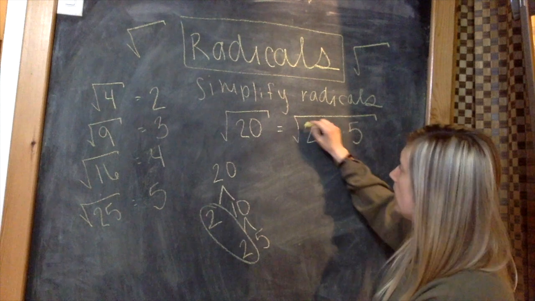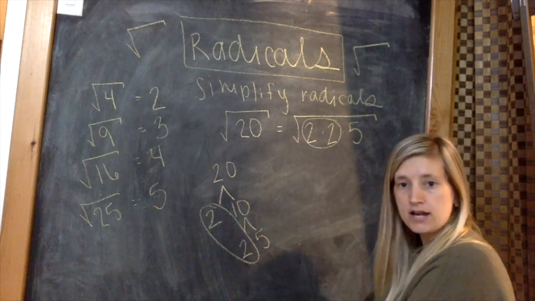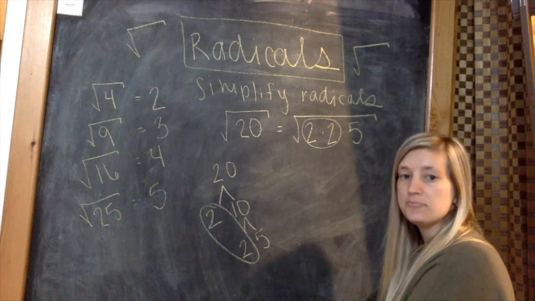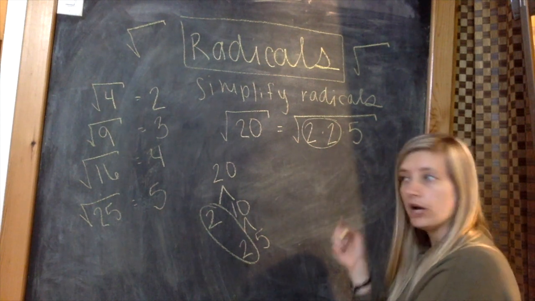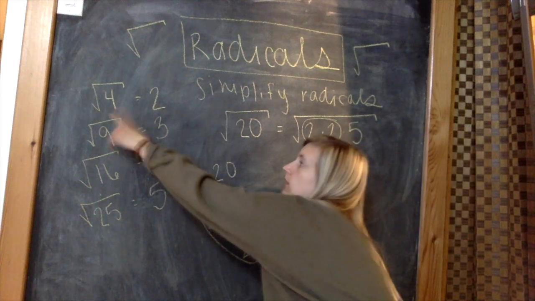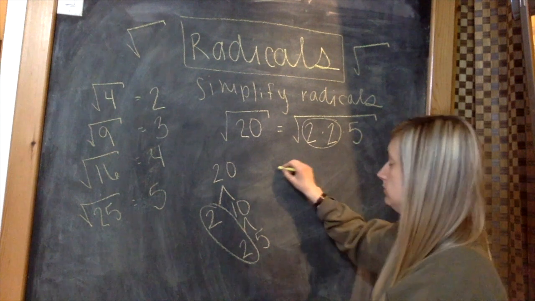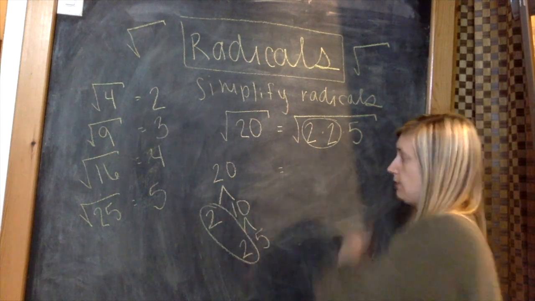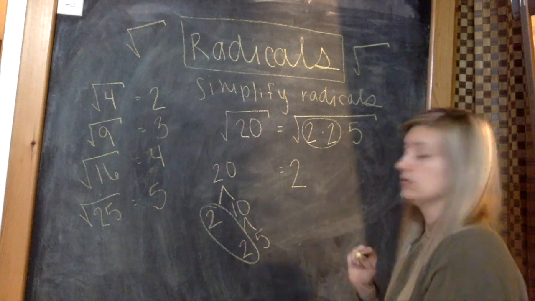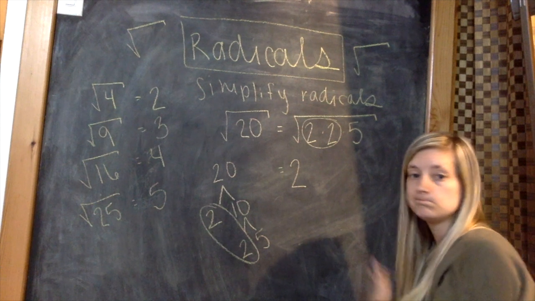Okay? So now, the trick is look for a pair. Do I have a pair? Yep. What's 2 times 2? 4. We already know the square root of 4 is 2, right? So anytime we have a pair, that number is just going to come out front as the coefficient. 2. Do I have a pair for the 5? Nope.